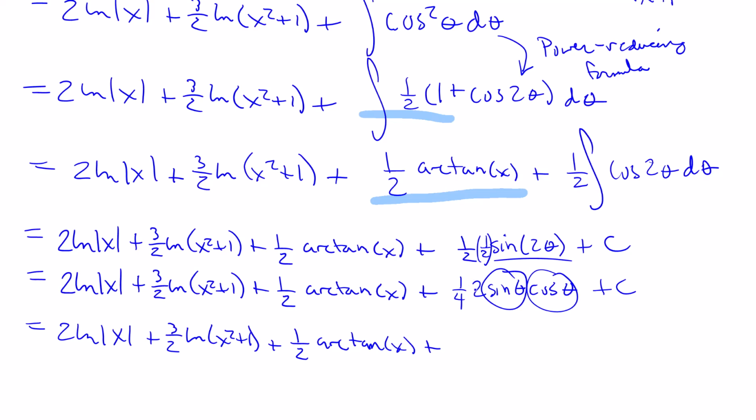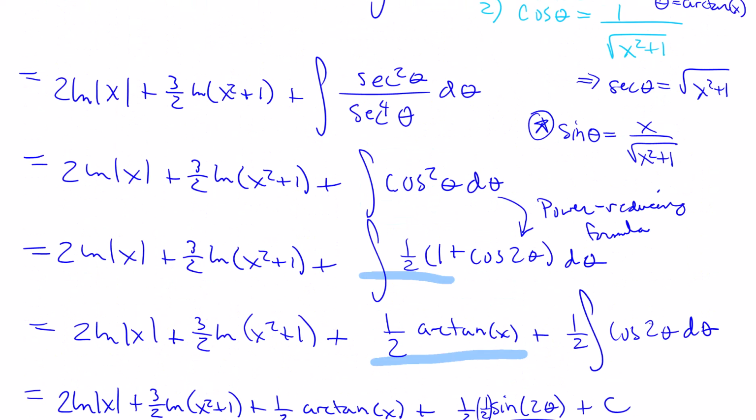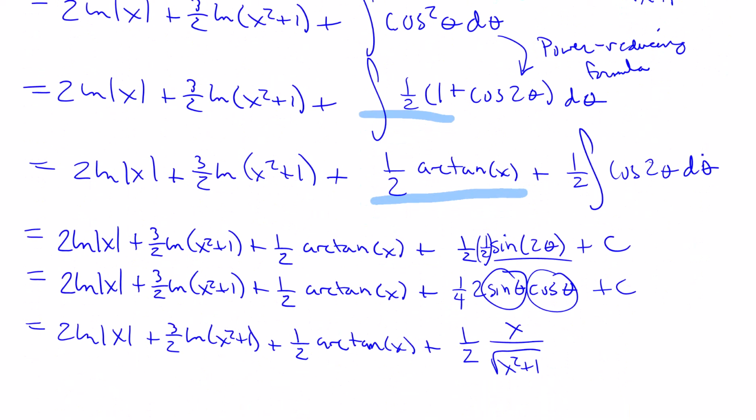So there's a 1/4 times a 2 is really 1/2. And then, let's see, sine theta is going to get replaced as x over the square root of x squared plus 1. Again, we just added that in as a side note there from our trig sub model above. And then cosine theta, which we knew already, would be 1 over the square root of x squared plus 1, and then plus c.